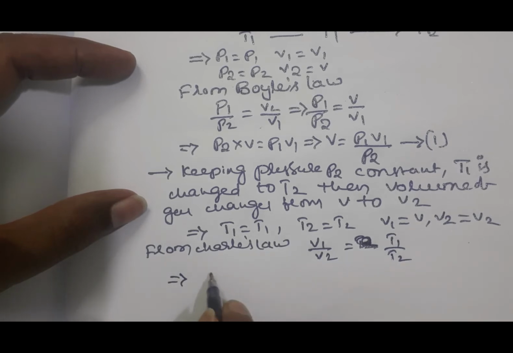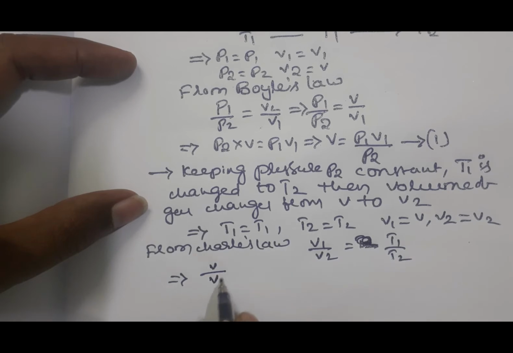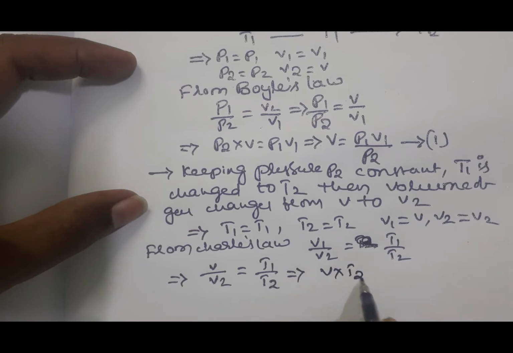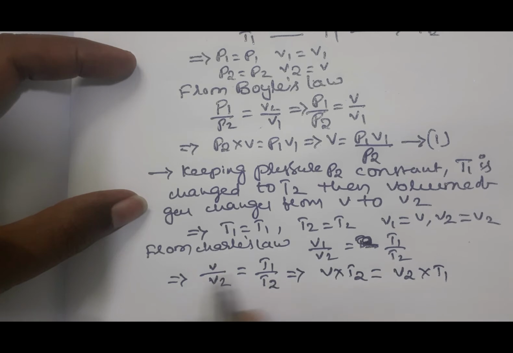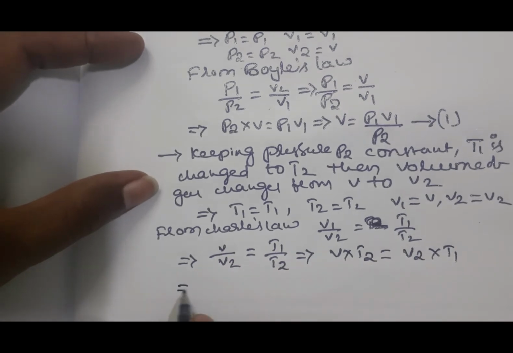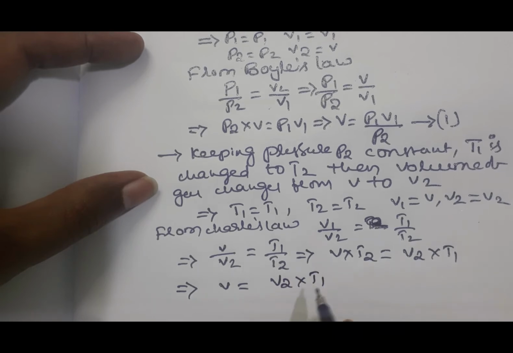Here V1 means V, V2 means V2, T1 means T1, T2 means T2. Now by cross multiplication, V into T2 is equal to V2 into T1. Then V is equal to V2 into T1 by T2. So this is equation number 2.